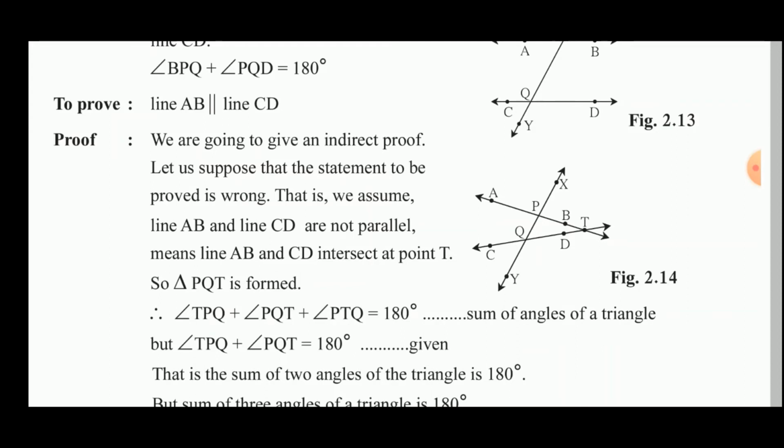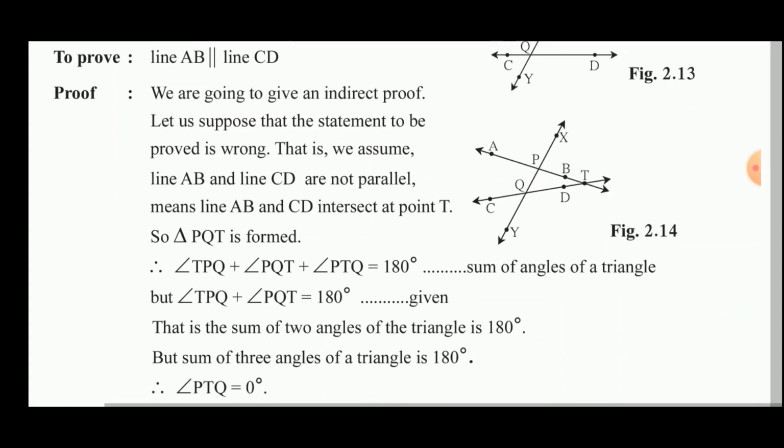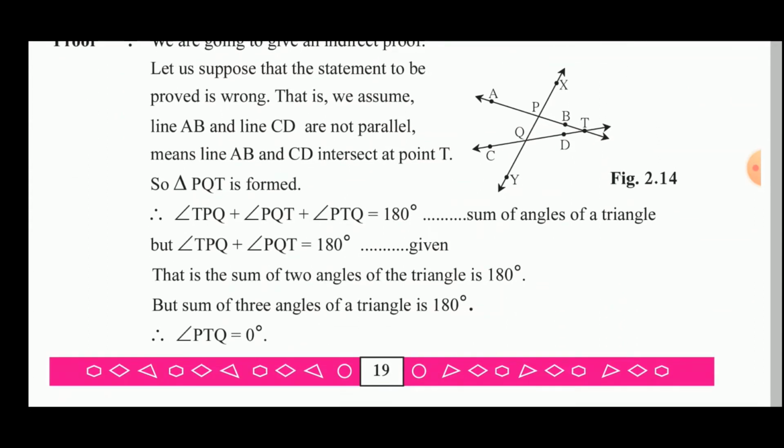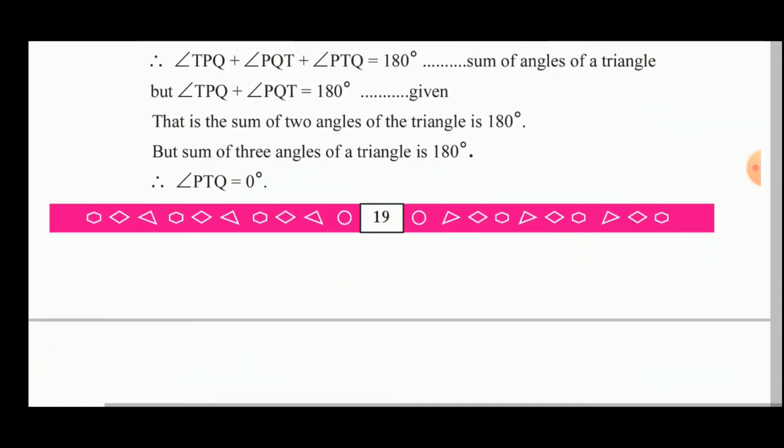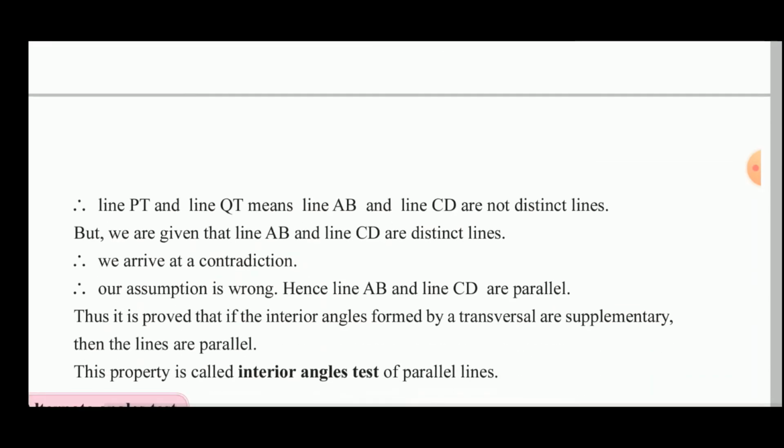But TPQ plus PQT is equal to 180. That is, the sum of the 2 angles of the triangle is 180 degrees. But the sum of the 3 angles is 180 degrees. Therefore, angle PTQ is equal to 0 degrees. Therefore, the lines PT and QT, meaning lines AB and CD, are not distinct lines.